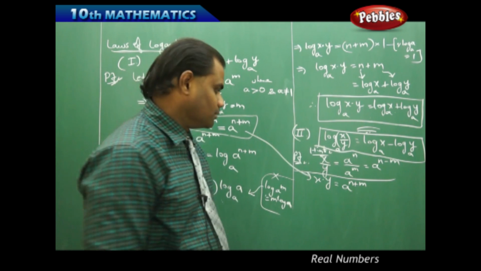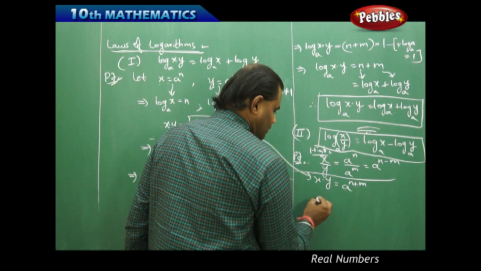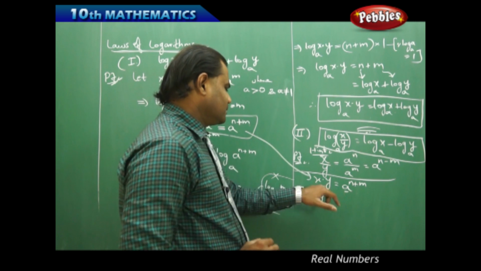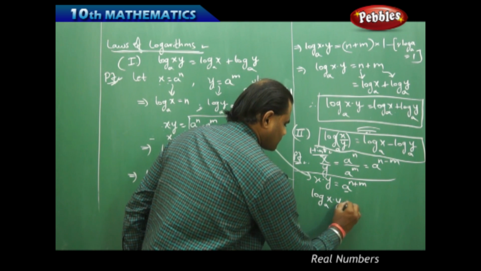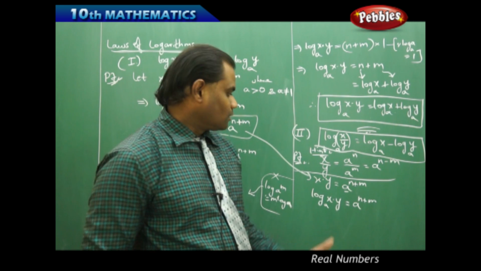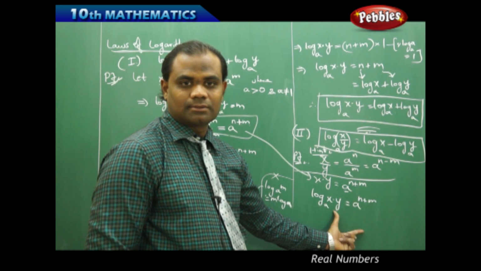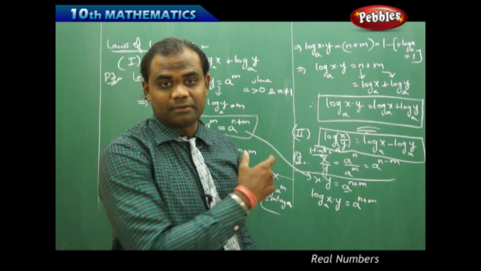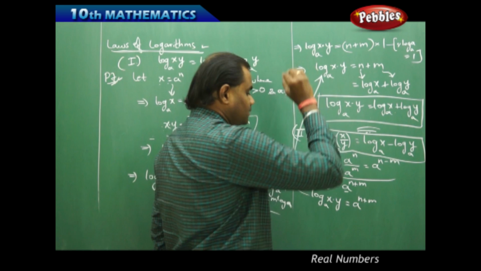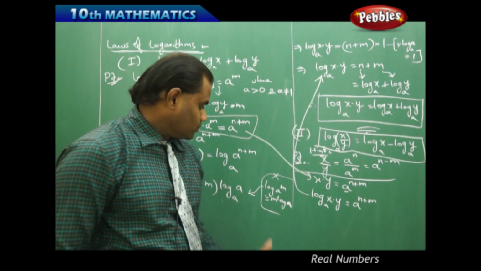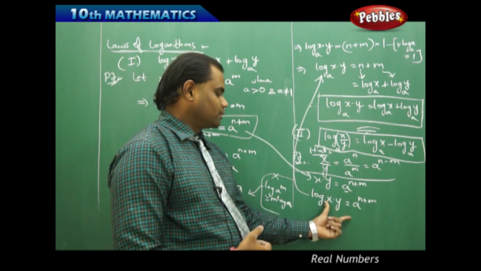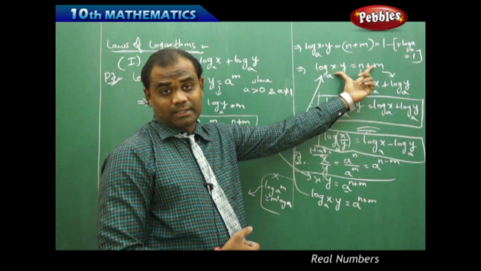Coming to the initial property, when x is a power n, this base will form the base for the log, and then xy comes here, and then n plus m. This is connecting the logarithms with the exponentials, the formula which we already took in the previous case. So this is how I get the property here without using the formula. Connecting exponents directly with logarithms, I get this. That is how I understand the proof.